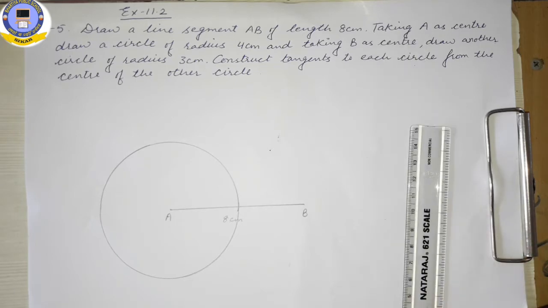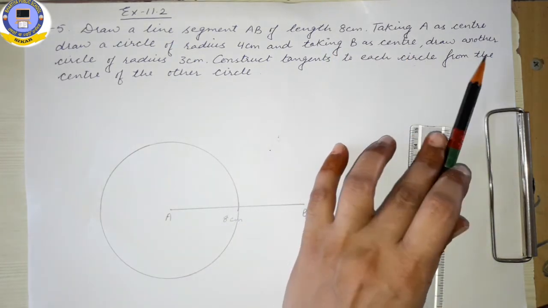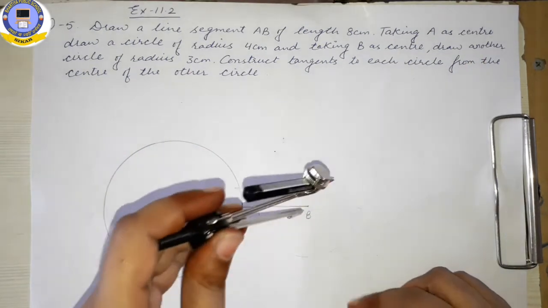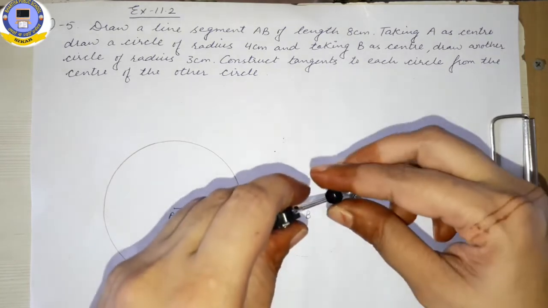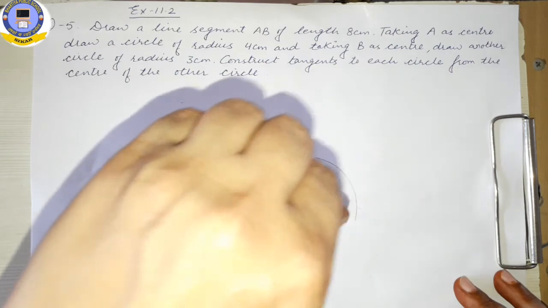Now further it is given that taking B as a center, draw another circle of radius 3 centimeter. Now this time taking B as a center and radius equals to 3 centimeter, we have to draw a circle.